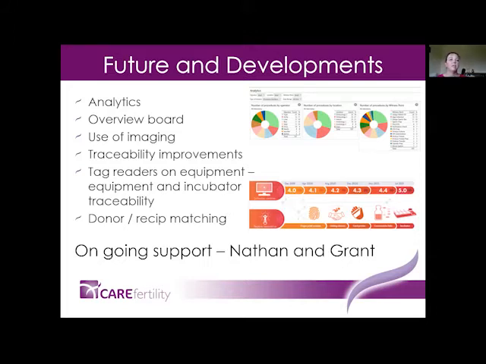The use of imaging, we have started with the imaging software in 3 of our clinics now, and we're certainly going to have a look, see how that is helpful to the patients, for example, or helpful to the operator, and maybe roll out to the other clinics.